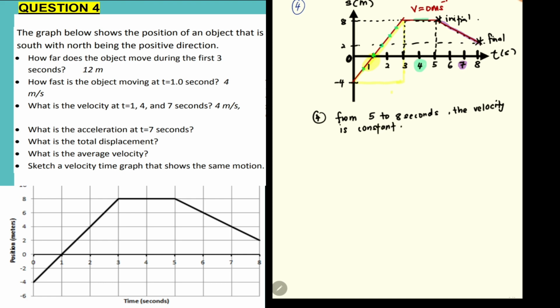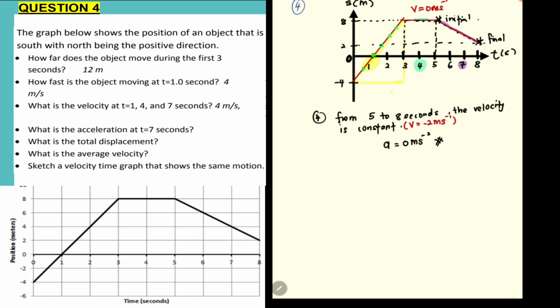Therefore, when the velocity is constant, the acceleration is equal to 0. So we know that from 5 to 8 seconds, the velocity is constant, which is negative 2 meter per second. We already calculated that earlier, where v is equal to negative 2 meter per second. So A is equal to 0.